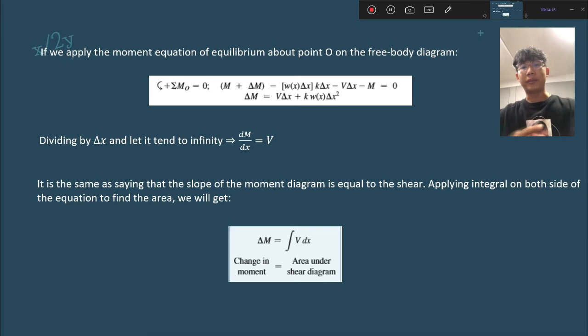I usually repeat that mistake, putting minus, but we should keep in mind that it's plus.